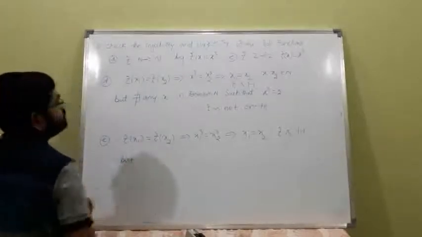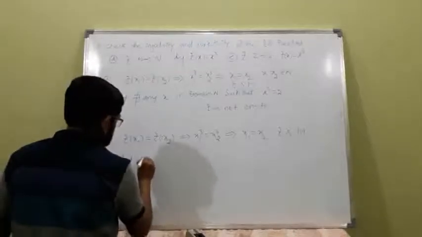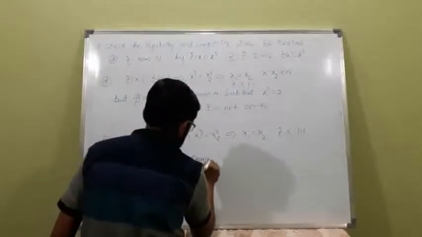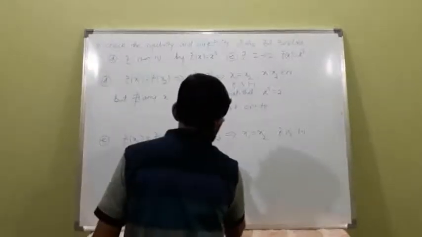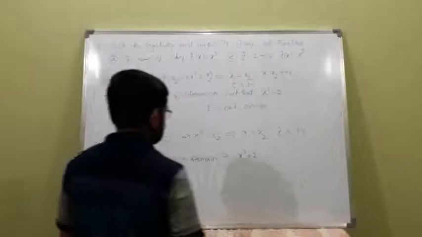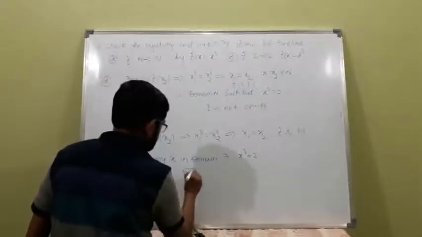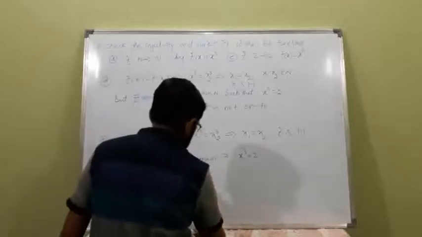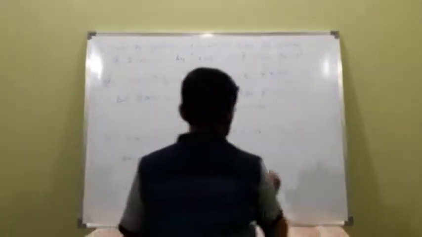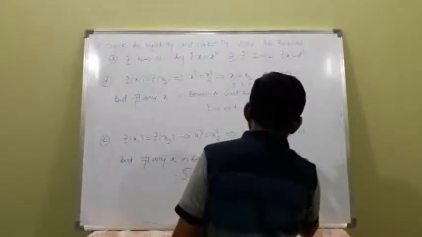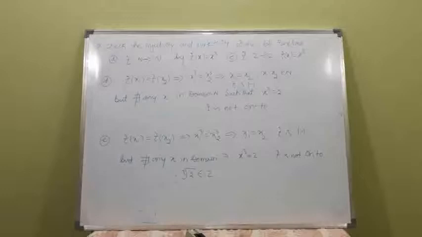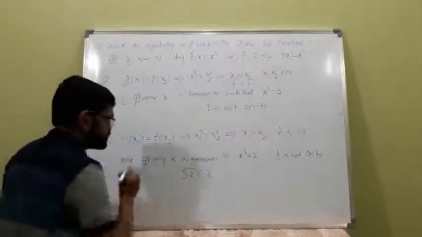But there does not exist any x in domain such that x cube is equal to 2, that is cube root of 2 does not belong to set of integers. Therefore, f is not onto. Okay.